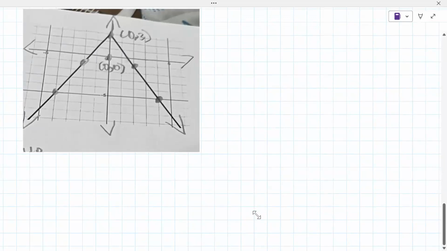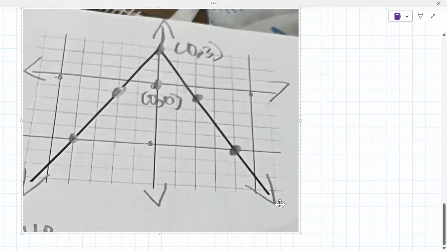Where do you draw the line to decide if it's even or not? On the y-axis.